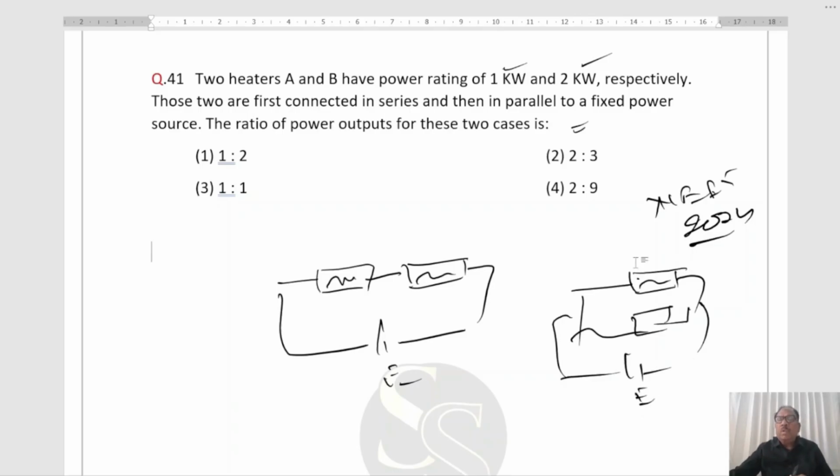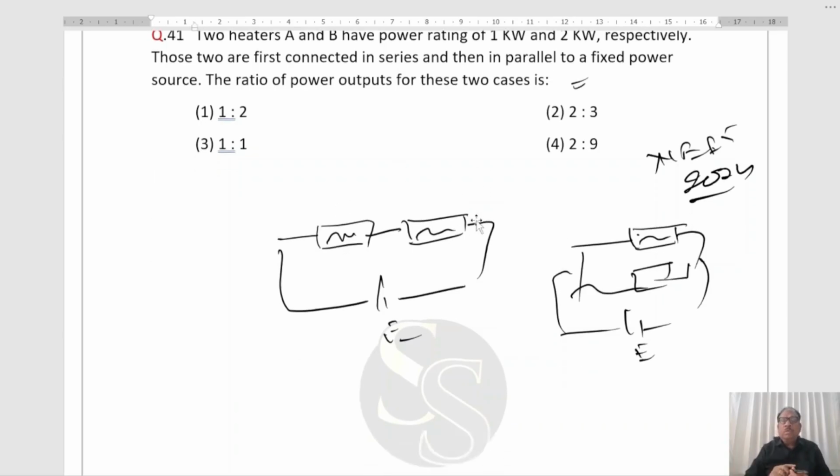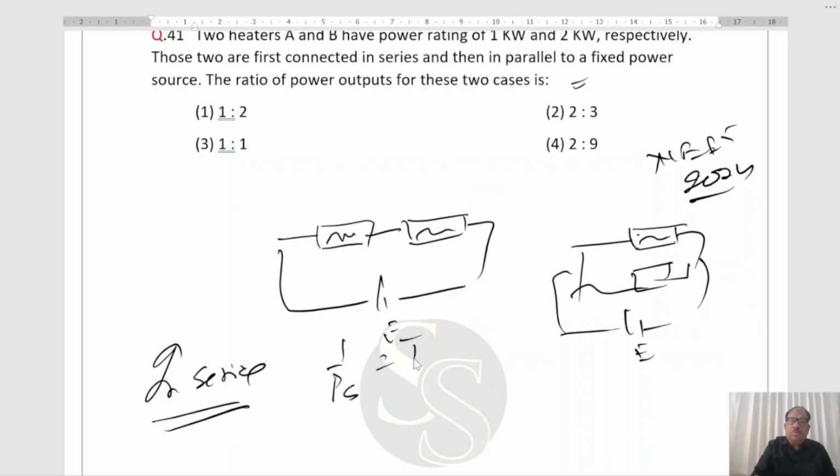Now we know that in series, the power consumed is 1 over PS equal to 1 over P1 plus 1 over P2. Its derivation will be in another session. In parallel, PP equals P1 plus P2.